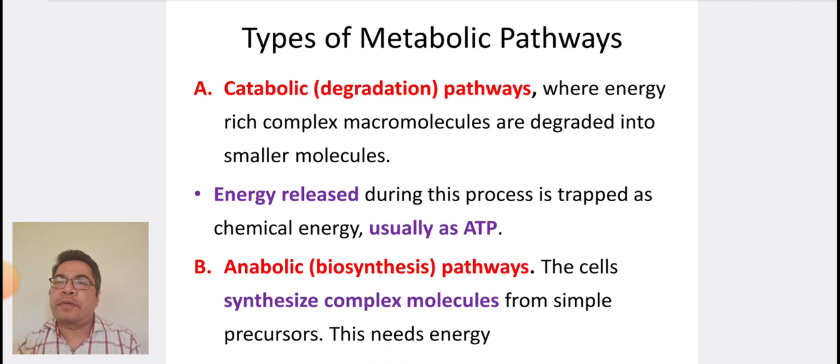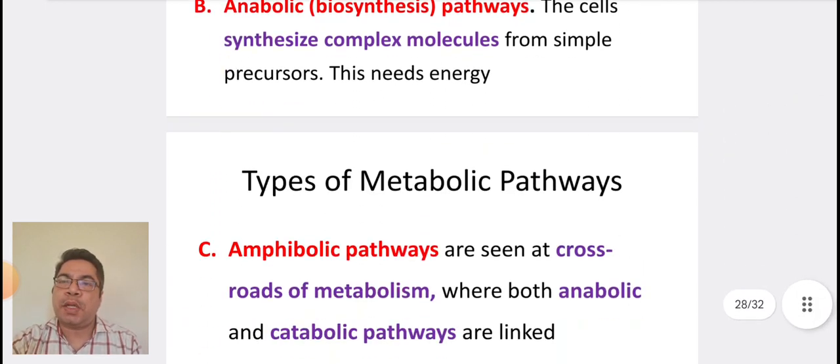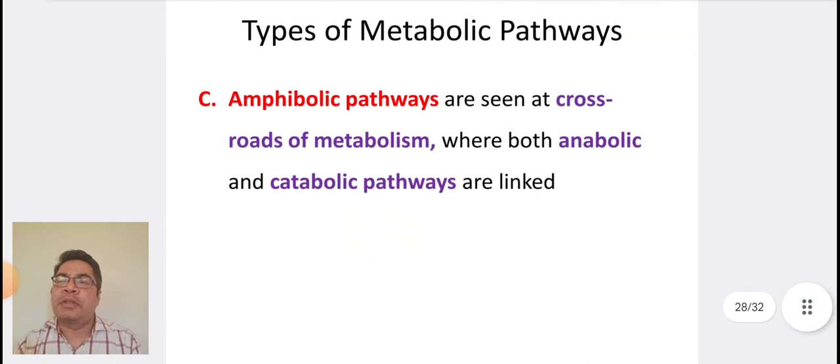The cells synthesize complex molecules from simple precursors. This needs energy. C. Amphibolic pathways. These are seen at crossroads of metabolism, where both anabolic and catabolic pathways are linked.